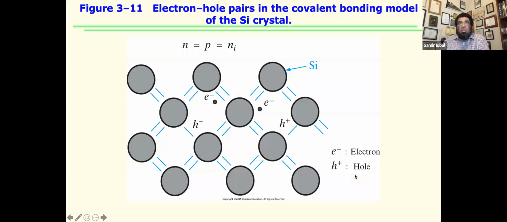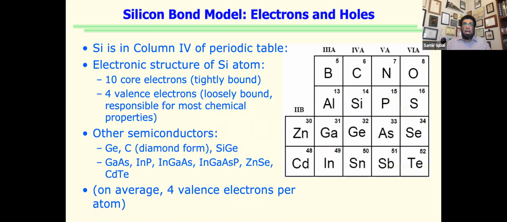Now, once we add outside things, we are adding helpers. Either we are adding those things that can contribute electrons, or we are adding those things that can contribute holes. If you go back to the basic chart, silicon or these group 4 elements have 4 electrons in their outermost shells, which means they can get 4 more and fill their outermost shell.